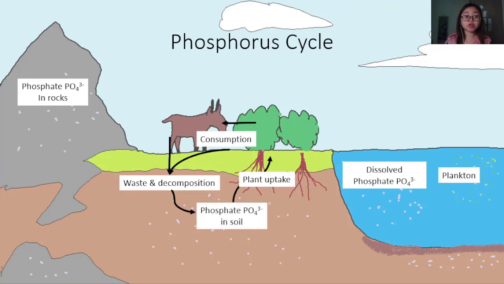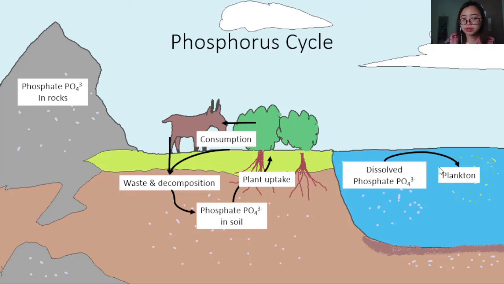Now we'll learn about the water part of the phosphorus cycle. So this, in the middle here, is the terrestrial phosphorus. Now we go into the aquatic phosphorus cycle. So we have phosphate that is dissolved in the water, and we have plankton that are in the water. The dissolved phosphate can be taken up by plankton in the water.